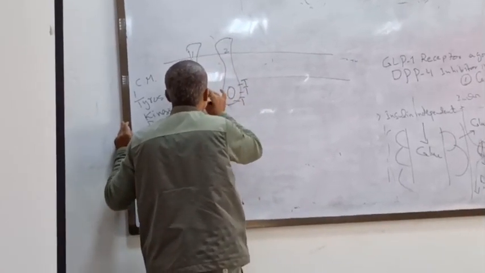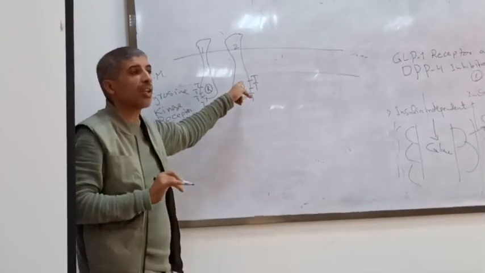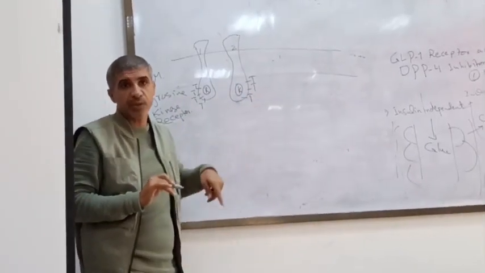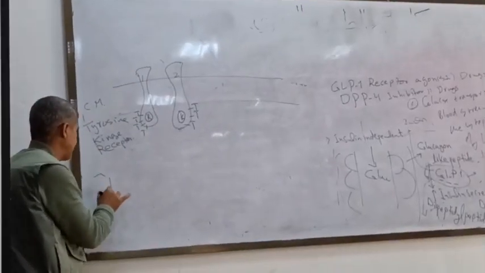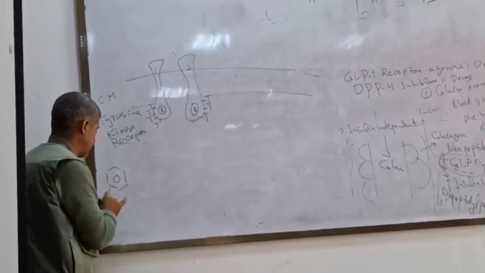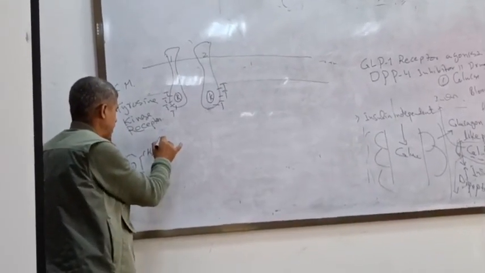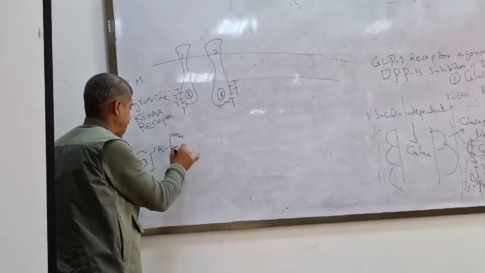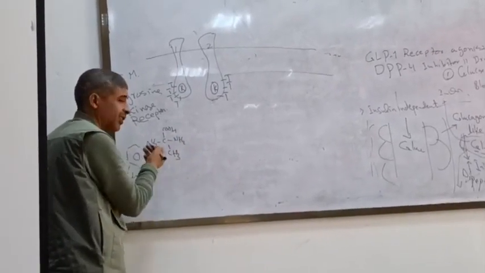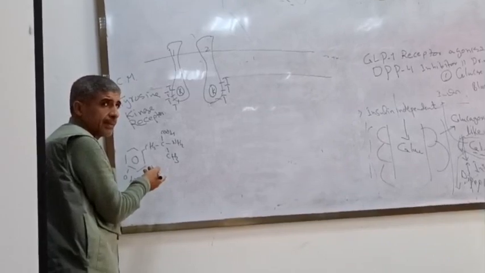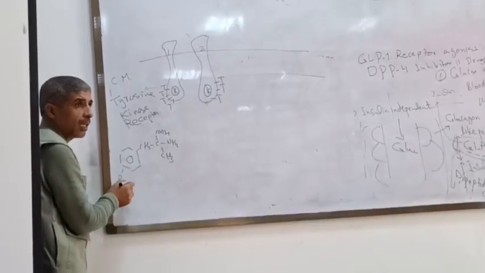Also, there is the kinase, which can phosphorylate tyrosine. Tyrosine, yes? Phosphorylation at the hydroxyl group.